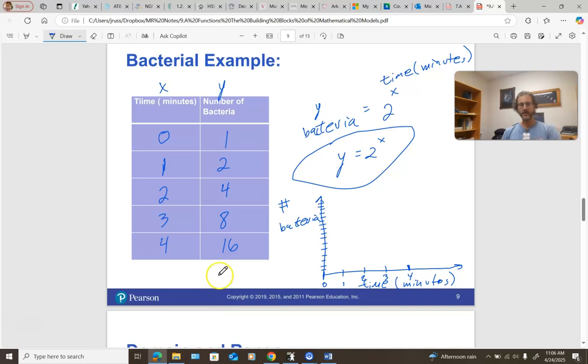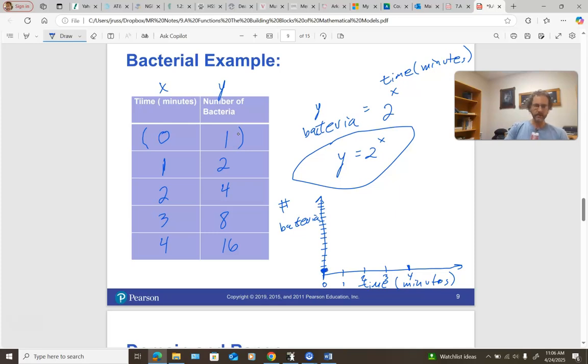Okay, so if I started plotting these ordered pairs, my first ordered pair, whenever x is 0, or when time is 0, then we have 1 bacterium. Anyway, we would plot this ordered pair, 0, 1. Okay, so here's 0, and you go up 1, so it'll be right there.